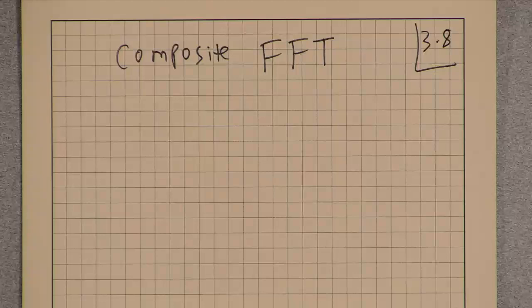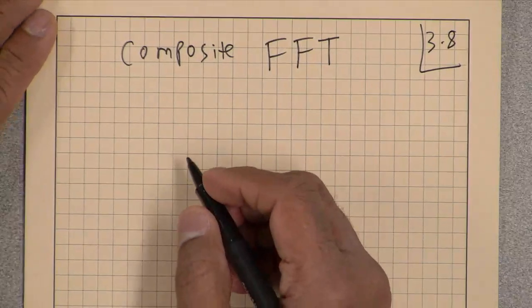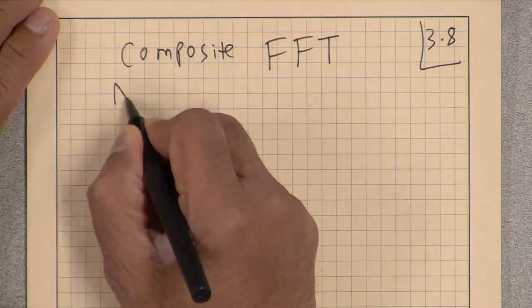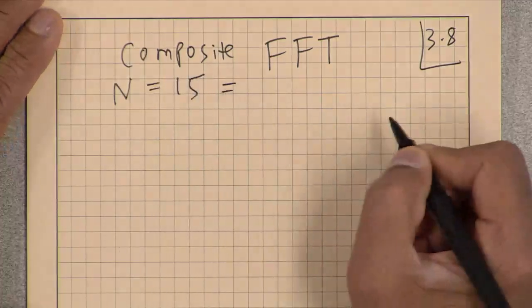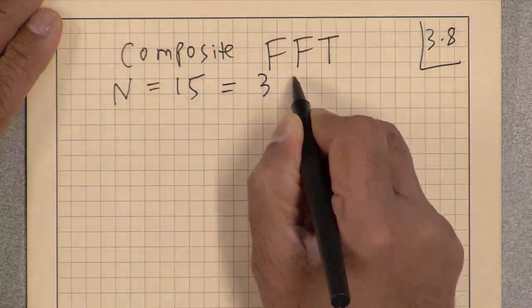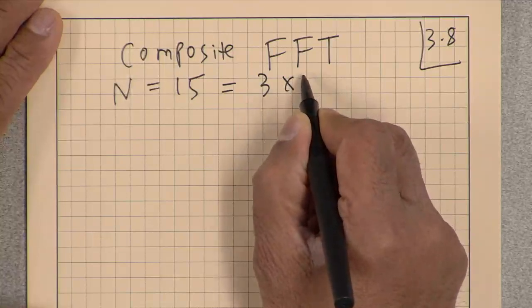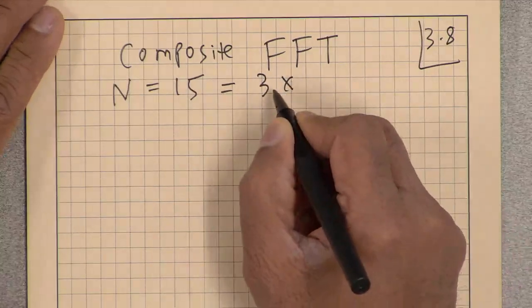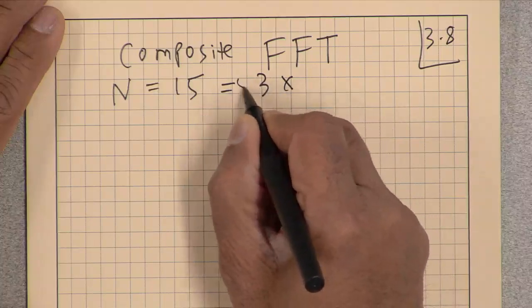Okay, so now let's talk about composite FFT. Before I get into the formal description of that, let's start with an example of N equal to 15-point FFT described as the product of 3 times 5 or 5 times 3. It does matter how you decompose, but let's say 5 times 3.